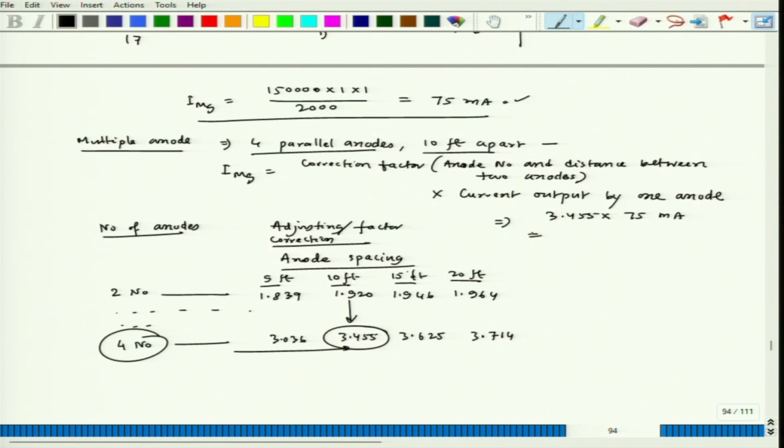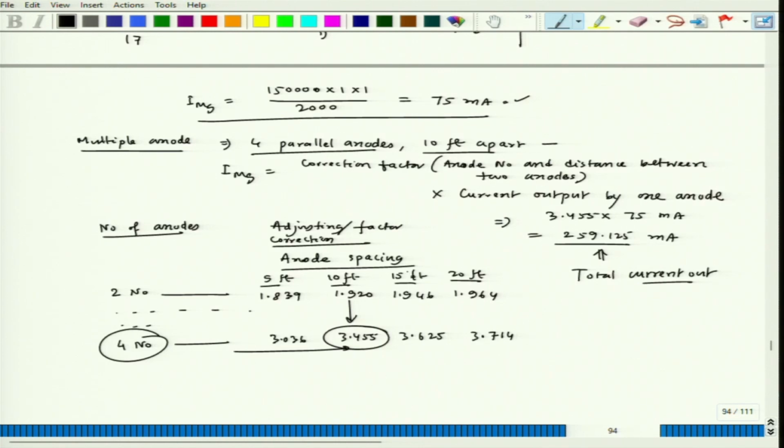So this becomes 259.125 milliampere. This is the total current output. It is basically multiplied by the 4 anodes.